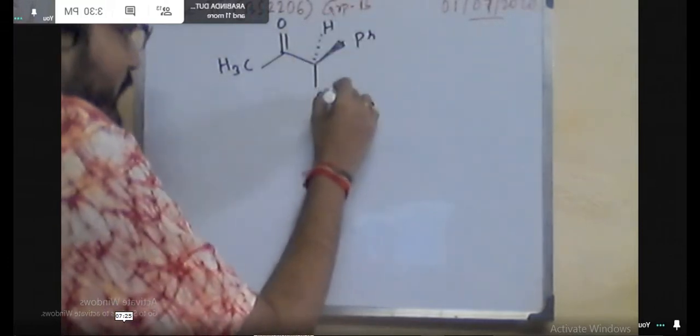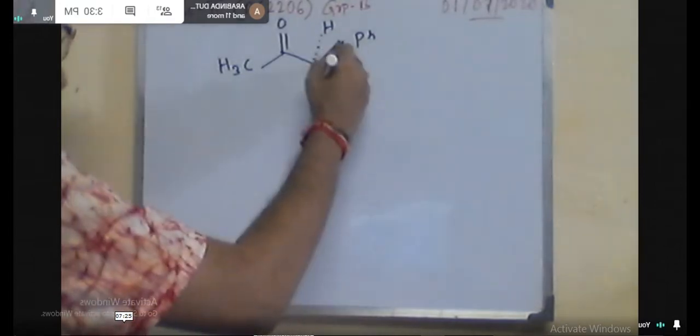So in this molecule, you can see this is your chiral center. As I mentioned, during this asymmetric synthesis or asymmetric reaction, you have to keep this existing chiral center configuration fixed. So first we have to predict the configuration here.